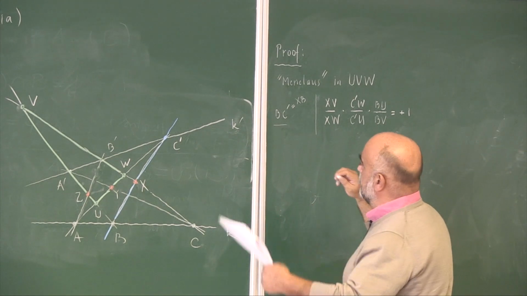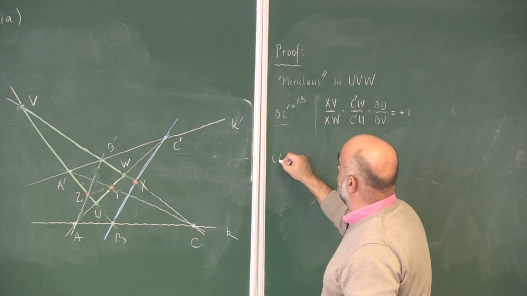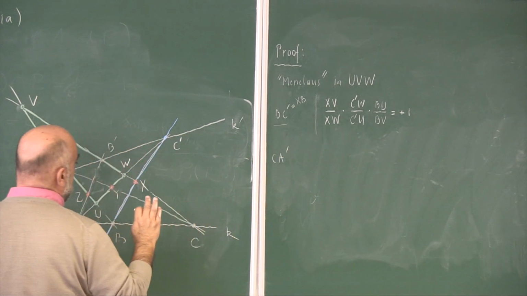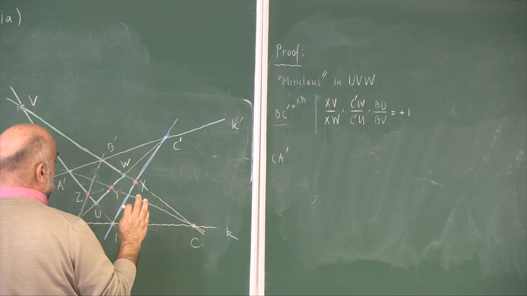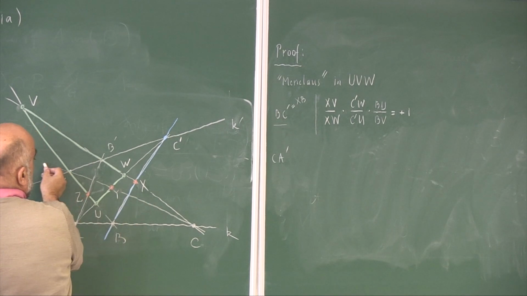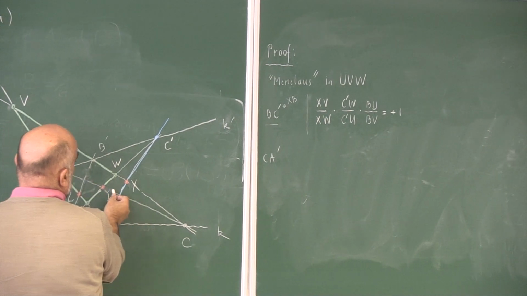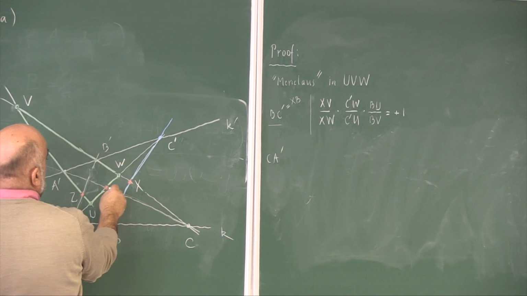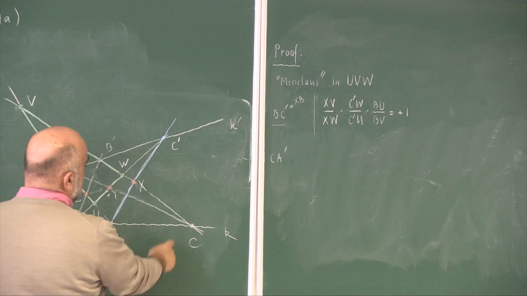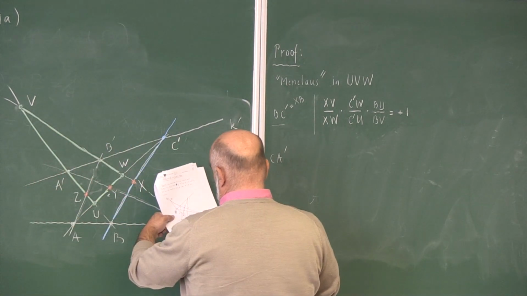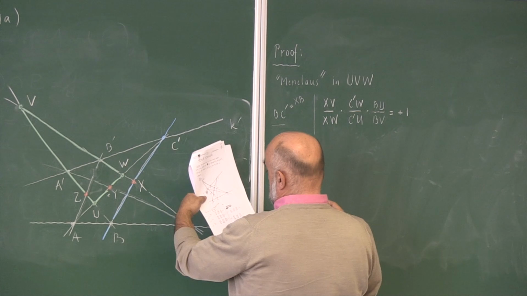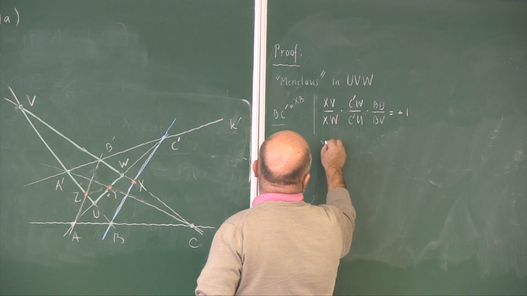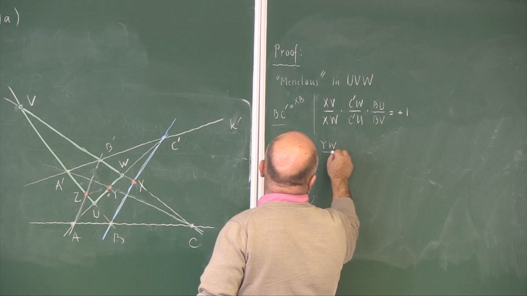So that's what happens with BC prime. Let us see what happens with CA prime. In this case, I'm not going to go too deeply into it, but let me point out what it is. CA prime is this line, and in particular, it contains the point Y. Let me start with YW.